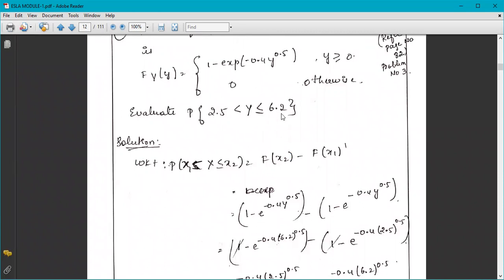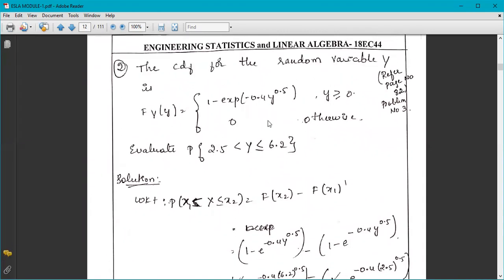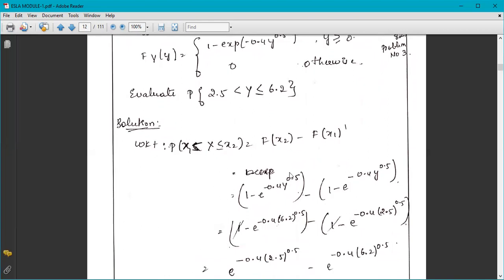Here x2 is 6.2. Since y2 is greater than or equal to 0, we use this function, 1 minus exponential of minus 0.4 into y power 0.5. Substitute 6.2 in place of y.